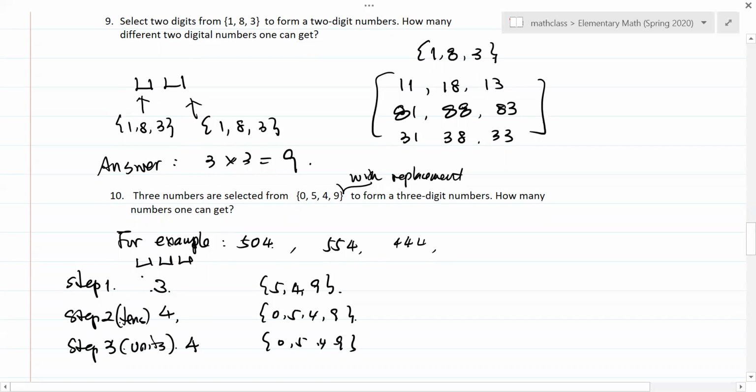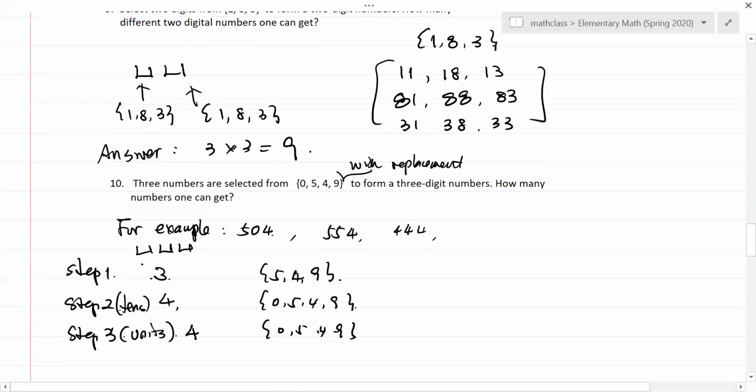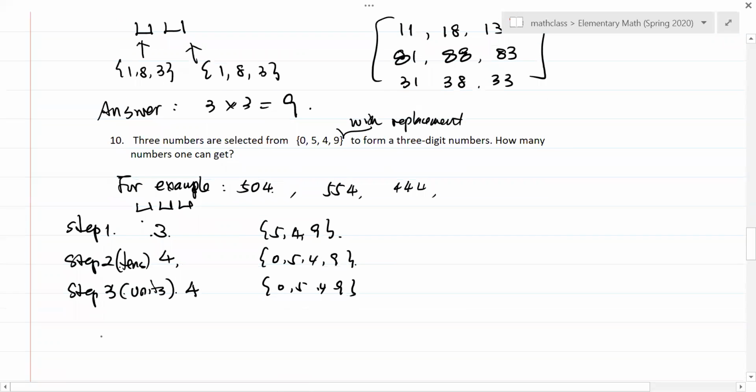So now what can you get? To form a 3-digit number, how many numbers can you get? In total, you're going to get 3 times 4 times 4, 48.